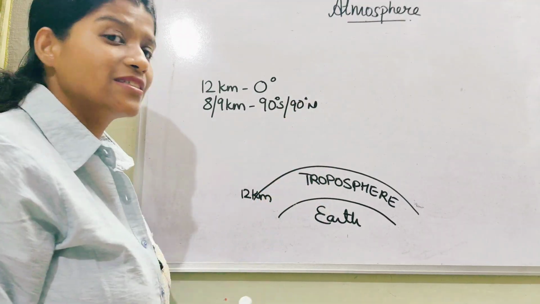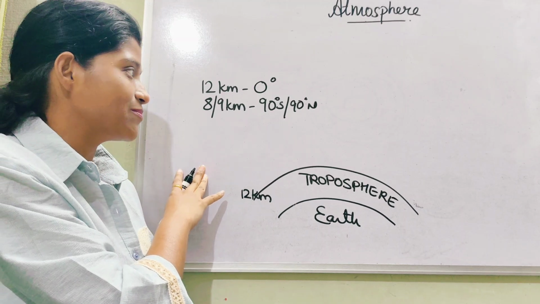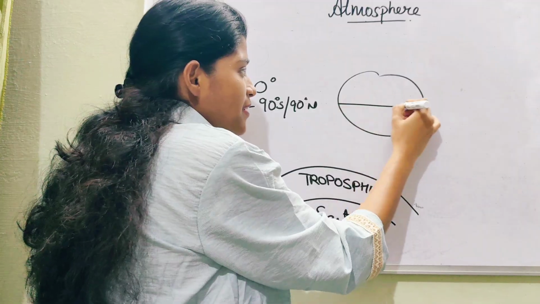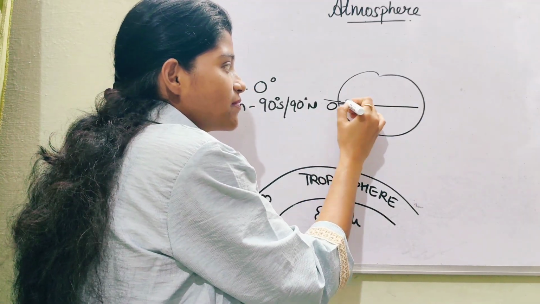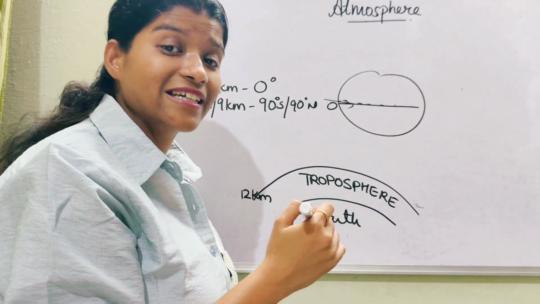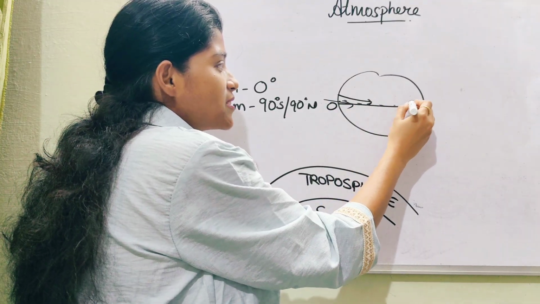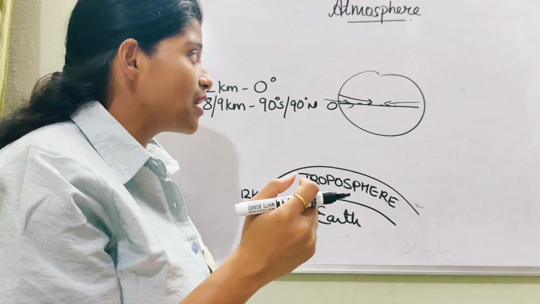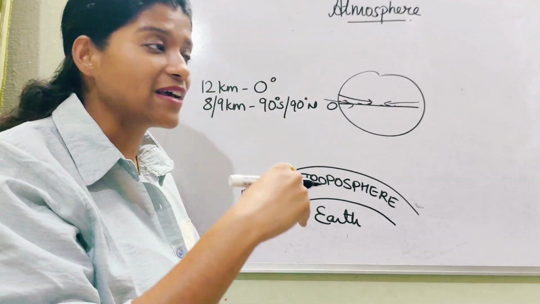Okay, so why does this difference happen? Now see, what happens is that the equator is getting the direct rays of the sun throughout the year. So the land here is getting highly heated up. Now when the land is getting heated up, then the air which is coming in contact with the land is also getting heated up. Now heated air or warm air has got the property of rising up.